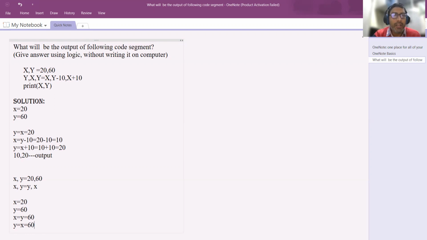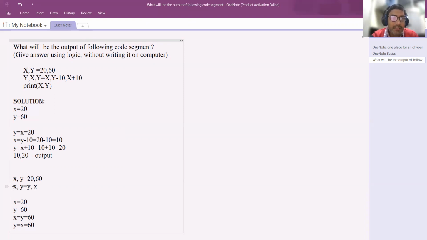Because we know that when we write x comma y is equal to y comma x, then the values will be swapped. x will become 60 and y will become 20. So this method is entirely incorrect. In the second line, this swapping is happening simultaneously, and that is why whatever values of x and y were given in the previous line will remain the same.